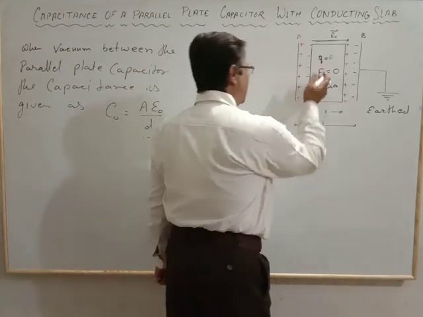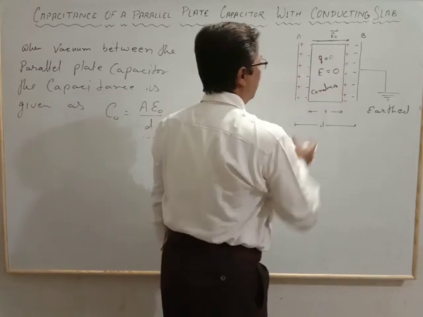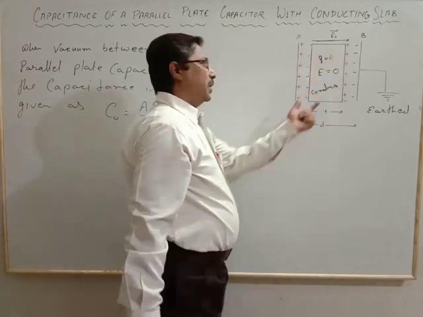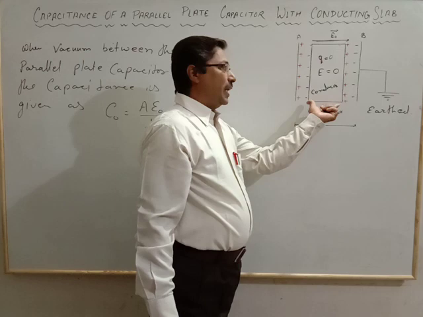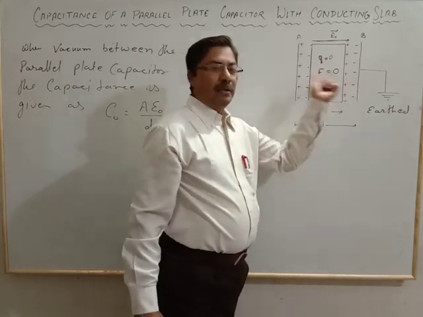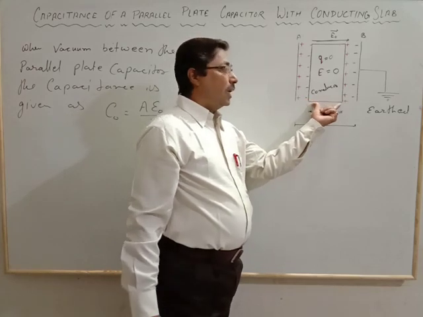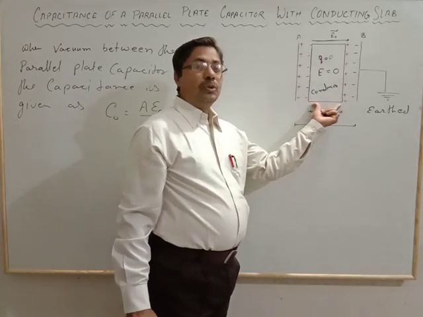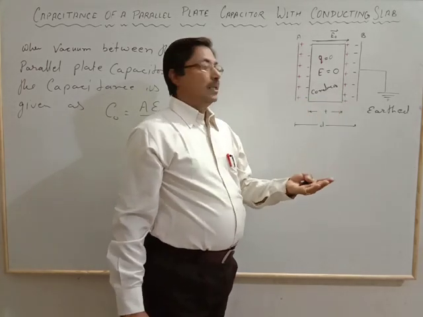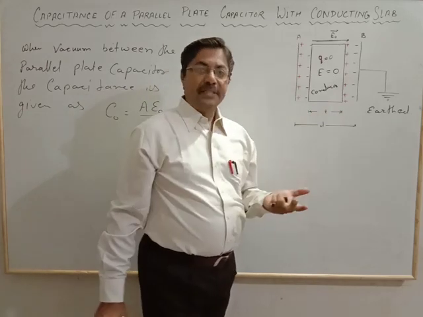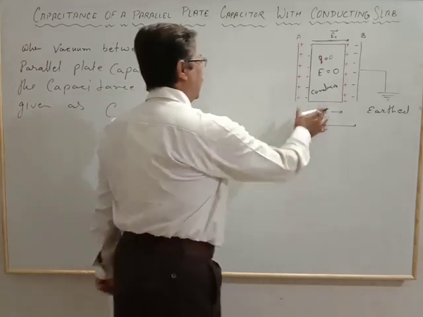So the potential will reduce whenever we place the conductor in between the plates. We know the function of the conductor is to reduce the potential so that the capacitance will increase.